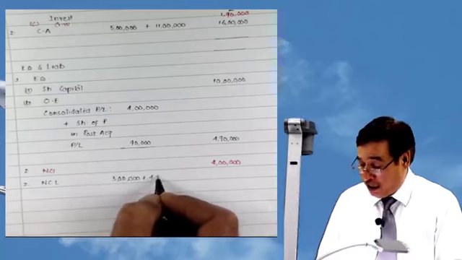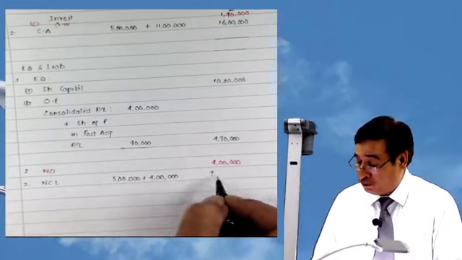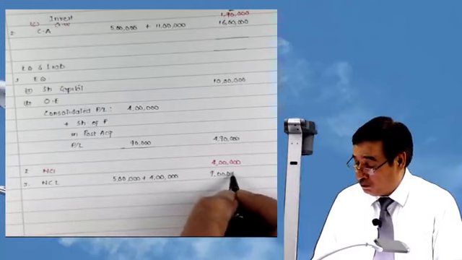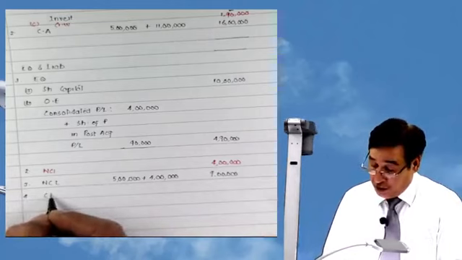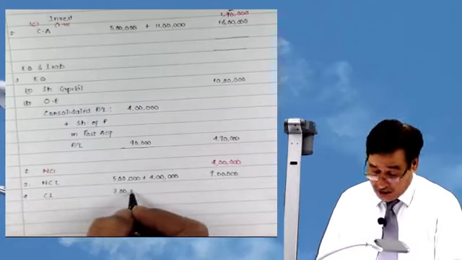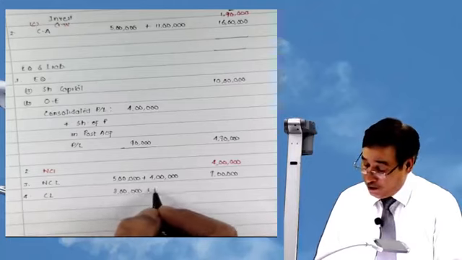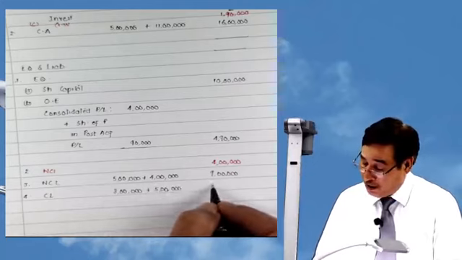Line by line addition, that is 9 lakh. Then finally we have in this case current liability, and current liability of parent happens to be 3 lakhs, while of subsidiary it happens to be 5 lakh, total 8 lakhs.